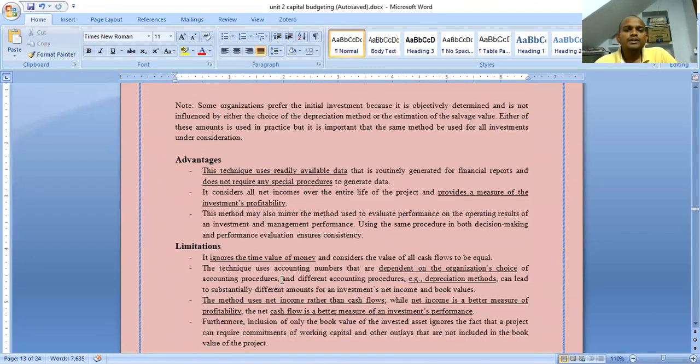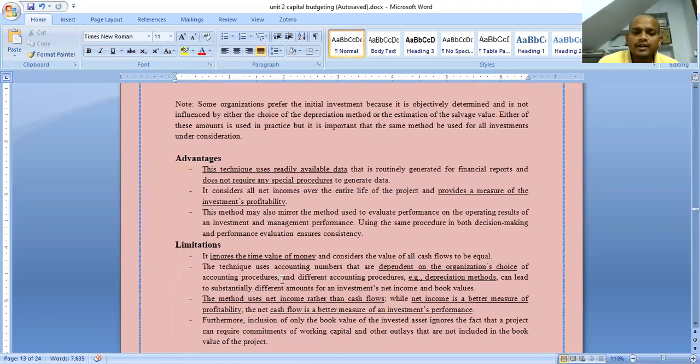So what are the advantages of accounting rate of return? This technique uses readily available data that is routinely generated for financial reports, and does not require any special procedure. The second advantage is it considers all net incomes over the entire life of the project and provides a measure of investment's profitability.